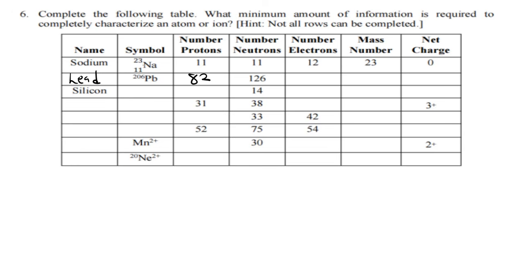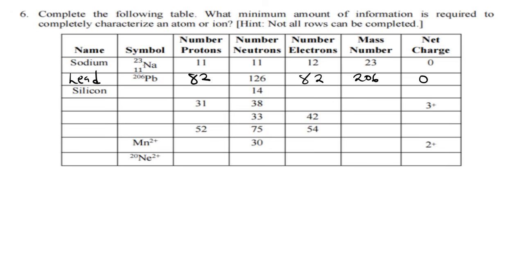The mass number they've already given us, which is 206, so I'm just going to put it in advance. Then the number of electrons for this lead is going to be the same as the number of protons, so 82. That's the scenario we're supposed to have here, for us to have a charge of 0.